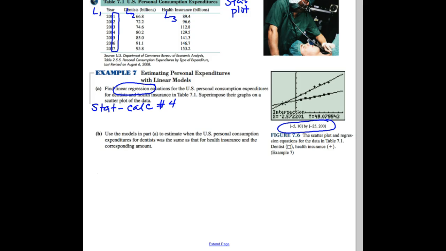To store it, you go under Variables, over to Y Variables, Function, and then select Y1. I know your screen's going to look different than mine. Mine's an older calculator. Hit Enter, and it should give you your equation.